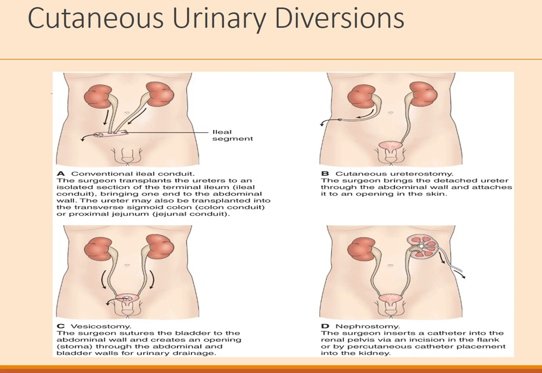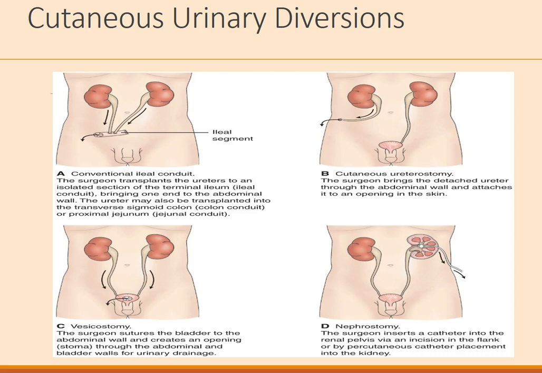So the difference between a cutaneous urostomy and a vesicostomy is that the cutaneous one actually comes from the ureter to the abdominal wall, and that could be anywhere from kidney line to like belly button, whereas the vesicostomy is more where the hole is where the bladder is.